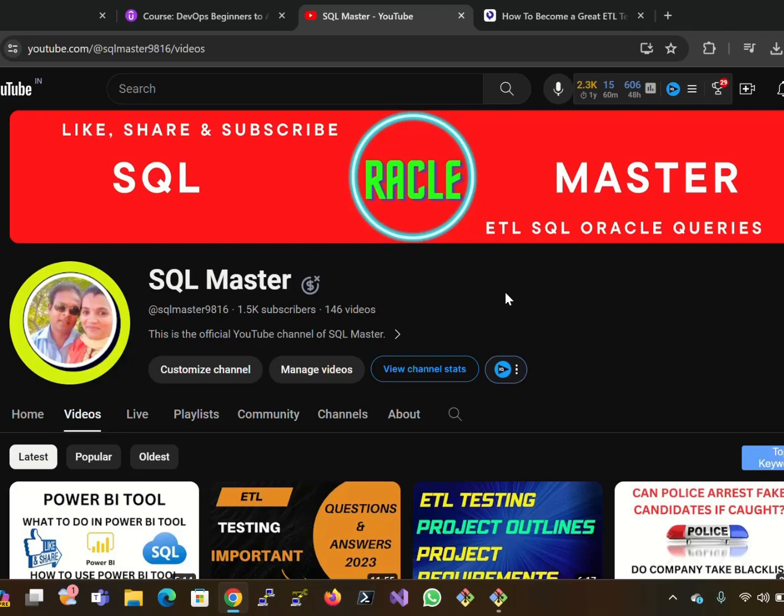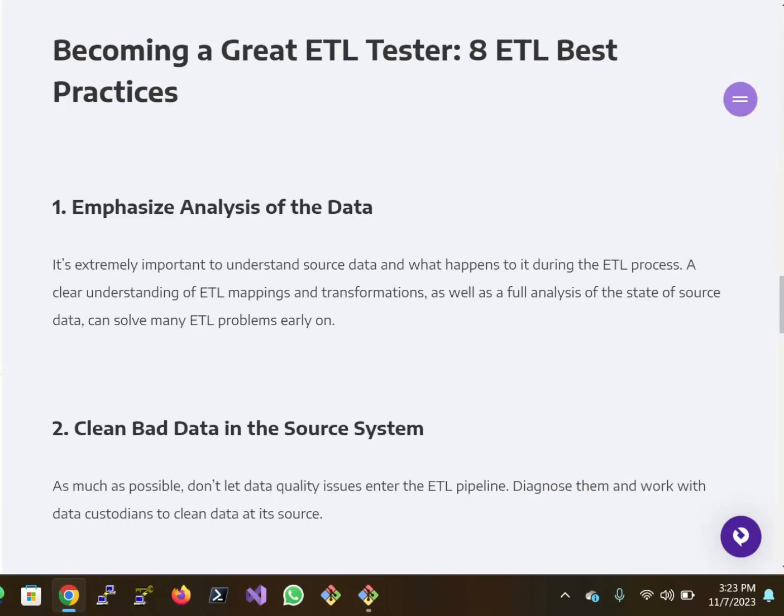So let's get started. Becoming a great ETL tester, 8 ETL best practices. Emphasize analysis of data. First point: it's extremely important to understand source data and what happens to it during the ETL process.